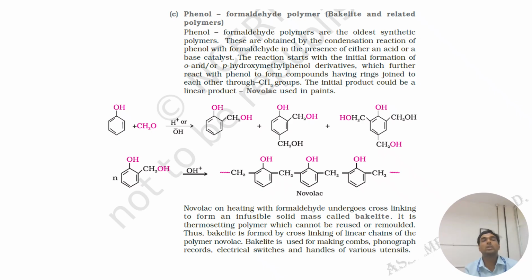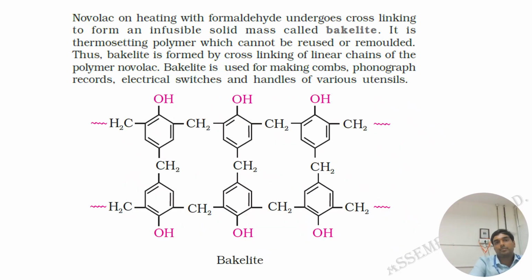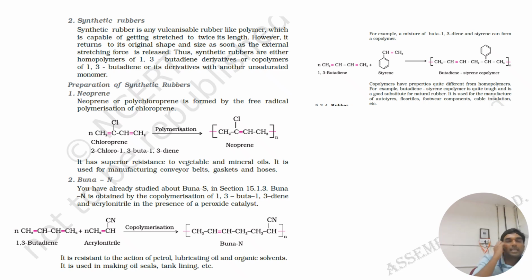Once you go for polymerization, you can get the kind of OH-CH2-OH methylol. Basically, the formaldehyde and the phenolic hydroxy group form a very cross-linked structure, bakelite. And bakelite is highly useful to make the rubber ball.